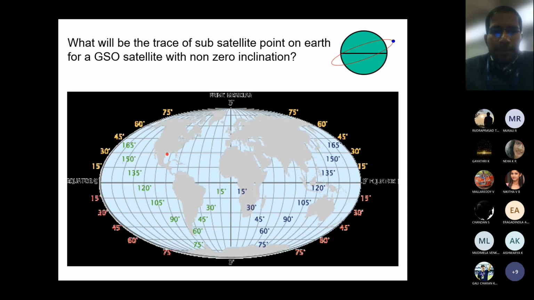Okay, so now let us look at a different case. It is asked, what will be the trace of the sub-satellite point on the Earth for a GSO satellite? Okay, so GSO means geosynchronous.